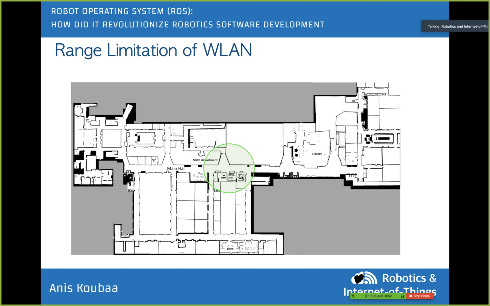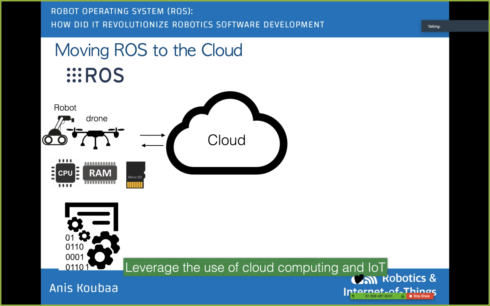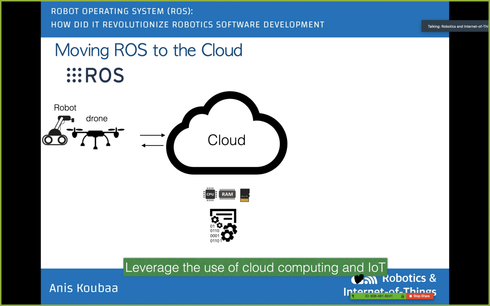There were some solutions like using ROS Bridge, but the problem with ROS Bridge is that the server was embedded into the robot itself. ROS Bridge allows you to interact with the robot using web interfaces. Our objective is to move ROS to the cloud, for two reasons.